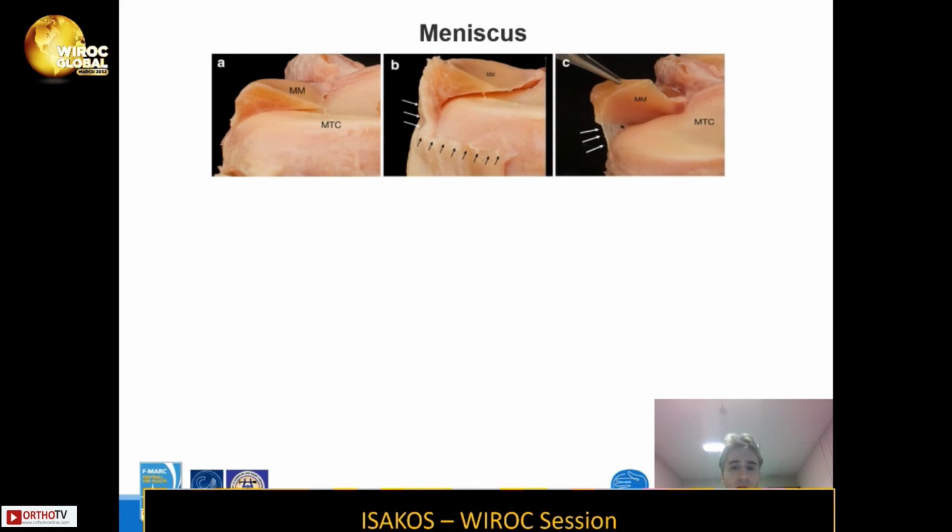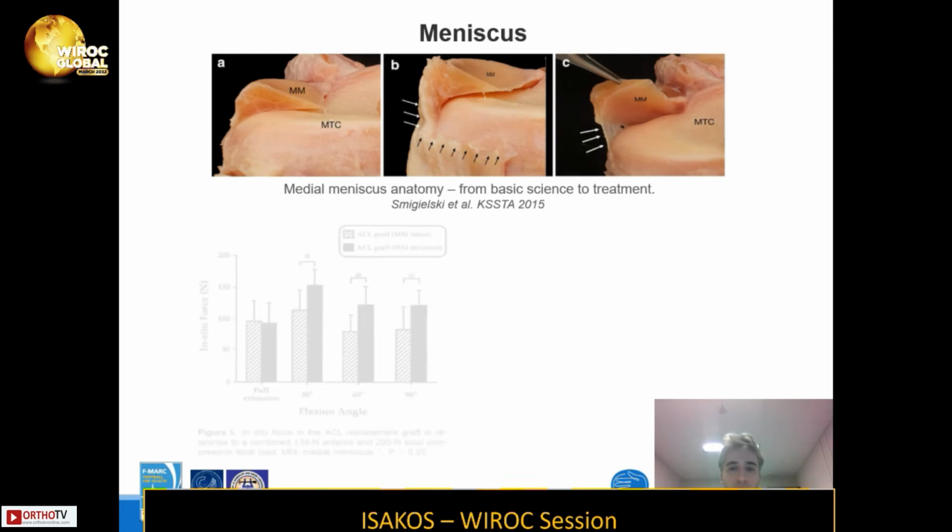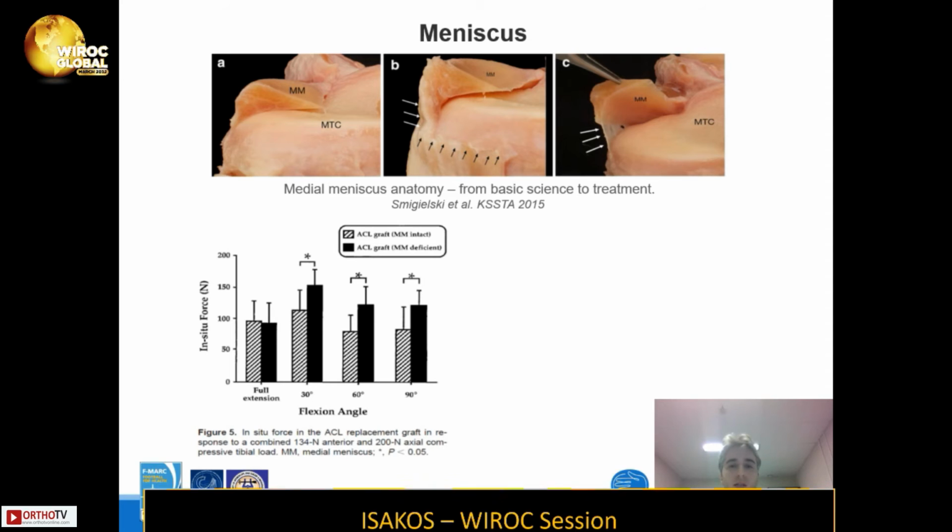So the meniscus, why are there these differences? The differences between the medial and the lateral meniscus in preserving knee laxity are explained by the geometry of the medial meniscus. The medial meniscus, in particular the posterior horn, acts like a wedge, and it resists anterior tibial translation. So it's extremely important as a secondary knee stabilizer.